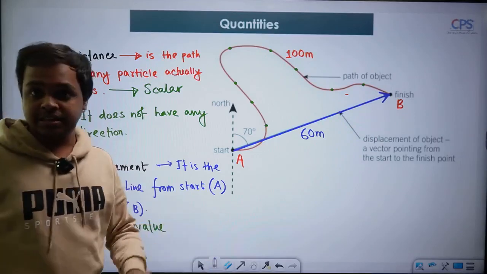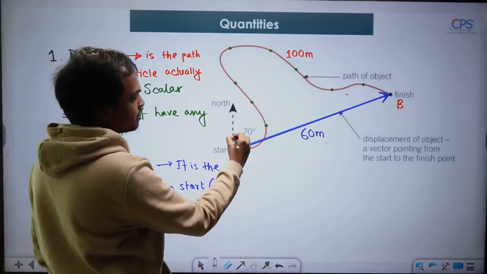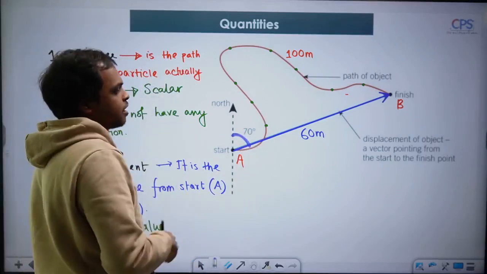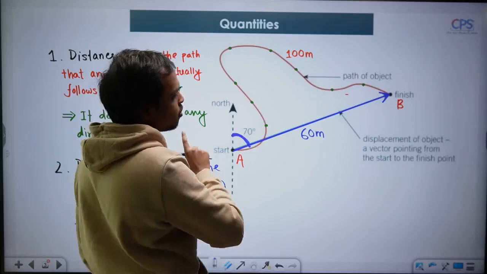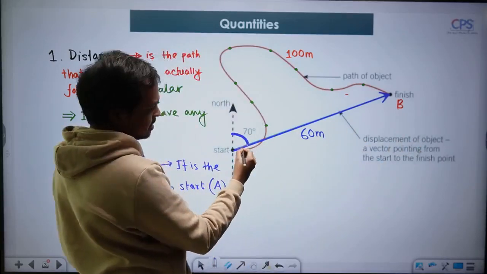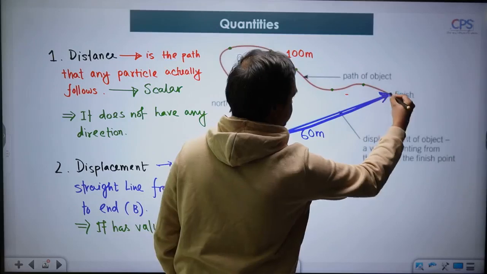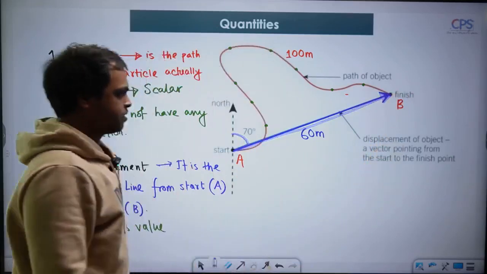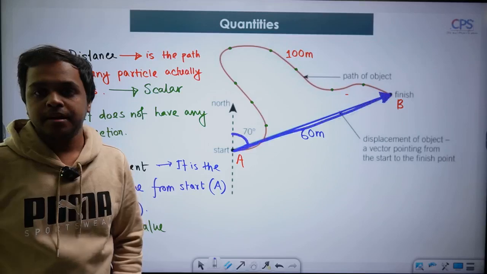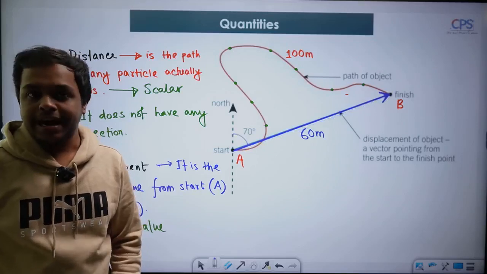So to get to the right destination, I also have to tell you about the angle or the direction. If I tell you from north, if we go eastwards 70 degrees and go 60 meters, then we will finish at the right position. So it also should have a direction.